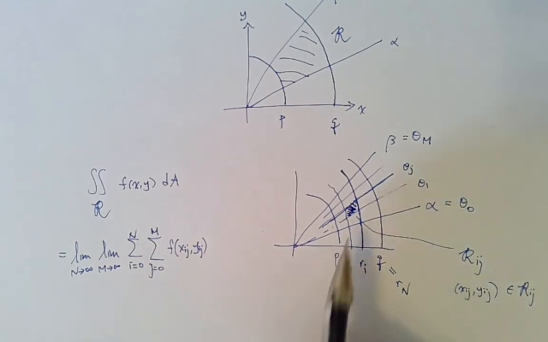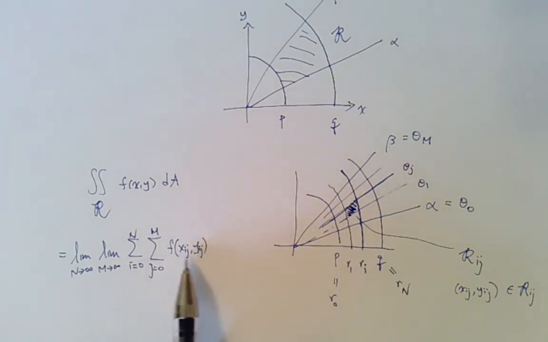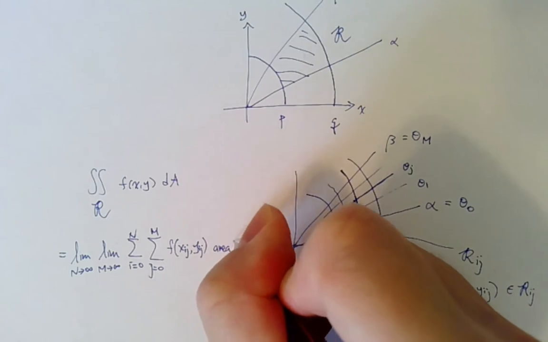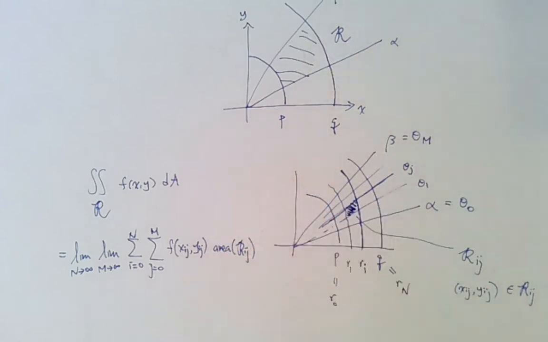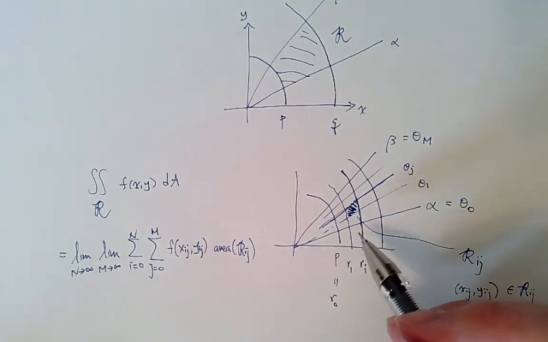We pick a little point in there, evaluate f, and then we roughly treat this little piece as constant. So we only need to sample f at one point, and then multiply by the area of that region, the area of R sub ij. Now what we need is to know the area of R sub ij. So what is the area of that little piece? So let me draw this piece bigger.